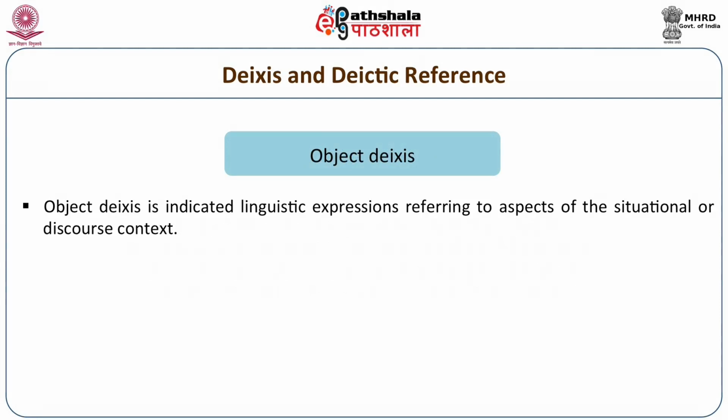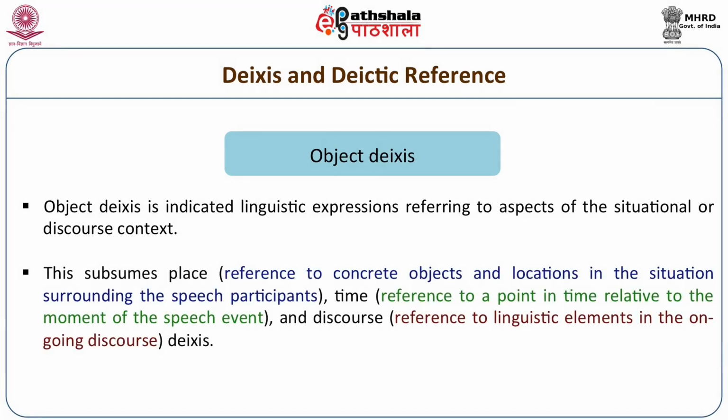Object deixis is indicated in linguistic expressions referring to aspects of the situational and discourse context. This subsumes place, that is reference to concrete objects and locations in the situation surrounding the speech participant; time, reference to a point in time relative to the moment of the speech event; and discourse, reference to linguistic elements in the ongoing discourse.